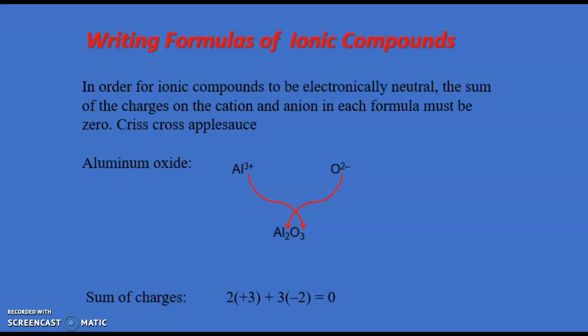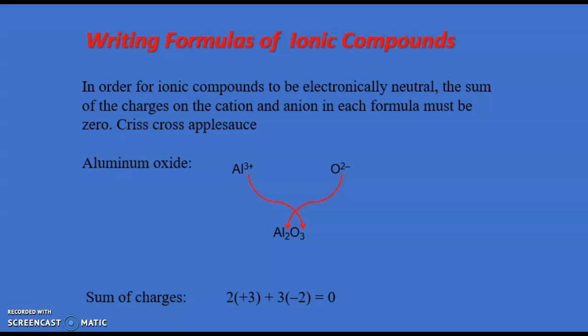Okay, so now we're going to look at crisscross applesauce. It's a very, very simple procedure. In order for these compounds to be neutral, their charges have to balance out. So when you look at, for example, aluminum oxide, aluminum is in group 3, so it has a +3 charge, and oxygen is in group 6, so it has a -2 charge.